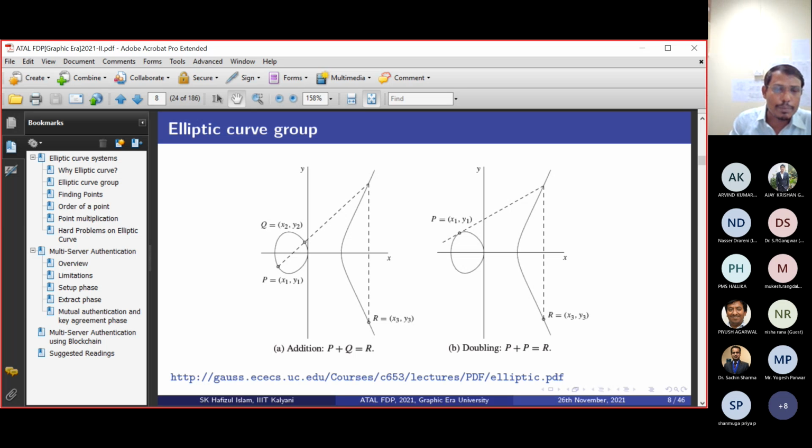Now if we expand it, I think all of you are familiar with the theory of equations. Suppose this is my equation: x cube plus c1 x square plus c2 x plus c3 equal to 0. If it has three roots, alpha 1, alpha 2, alpha 3, then the sum of roots, alpha 1 plus alpha 2 plus alpha 3, will be minus c1.